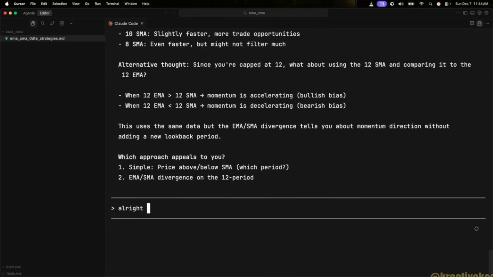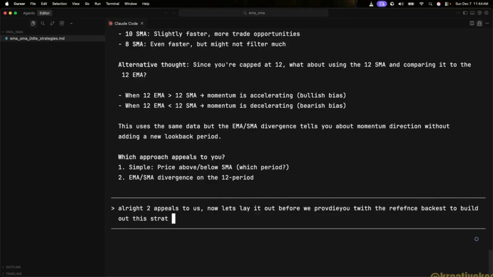All right. 1, simple, period, which appeals to you. 2, appeals to us. Now let's lay it out before we provide you with the reference backtest to build out this strat.